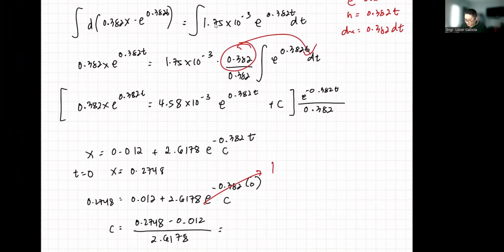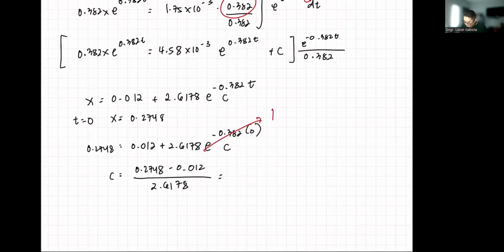So dito, meron tayong 0.382. So, dinivide lang natin yan. So, parang magiging doble yung 0.382 gawa nung ito, no? Pag minultiply natin. So, 0.382 squared. Yan yung i-divide natin sa 1.75. Divided by. So, tama naman, ano? 0.2748 divide.